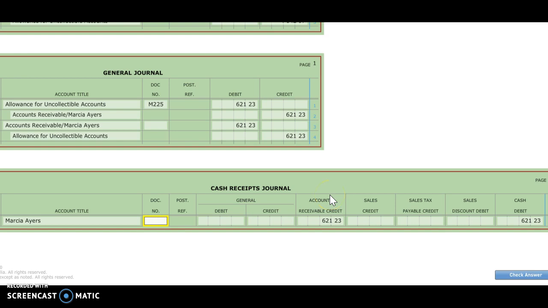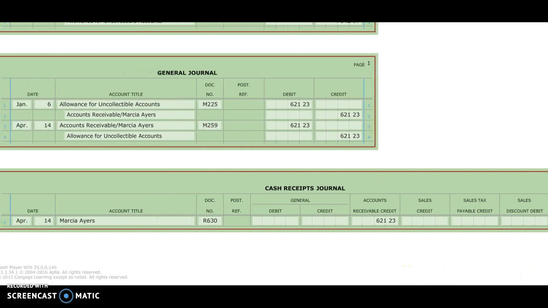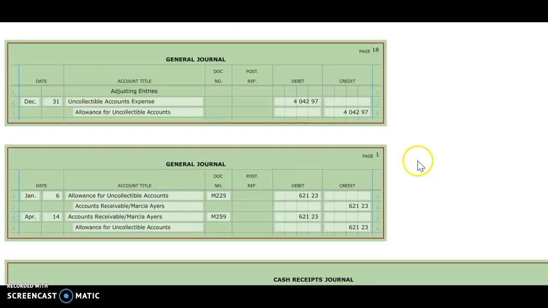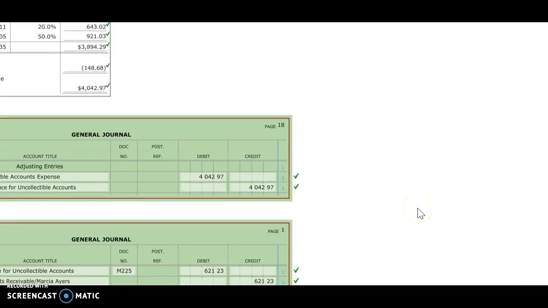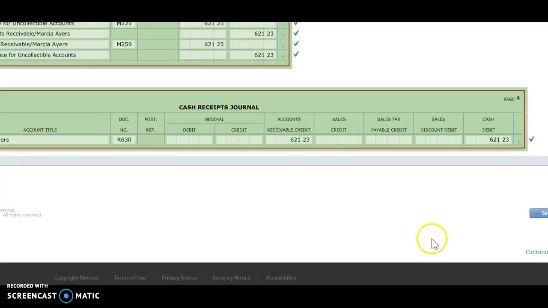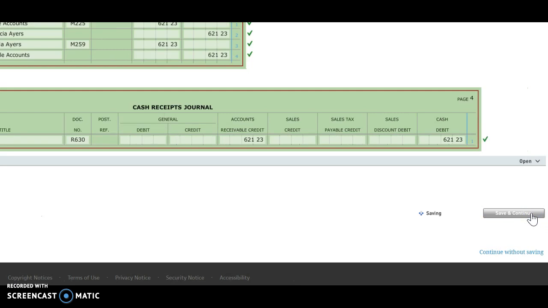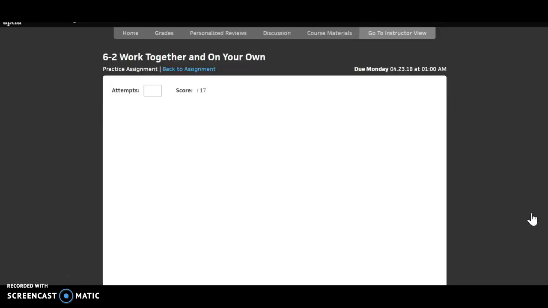Document number, I forgot my document number up above too. That's going to be receipt 630. And here I need to put in memorandum, what was that, 259. Okay, so that was all my transactions there. I'm going to check my answer, make sure everything looks good. And you can now go on to the 6-2 on your own.